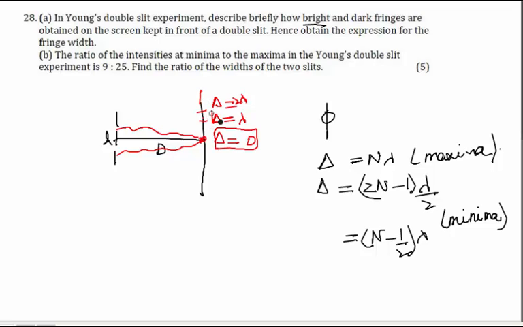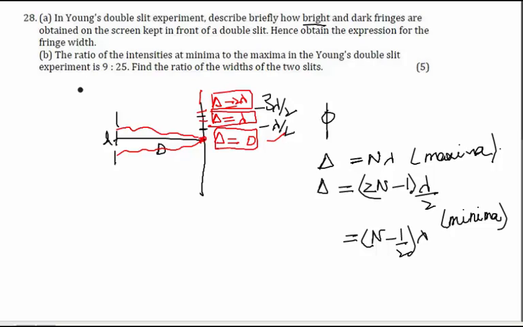This will be the central bright fringe, and this will be the first maxima above the central bright fringe, then the second maxima above it, because each is an integral multiple of n lambda. Similarly, in between each maxima we will find a minima: the first minima at lambda by 2, then 3 lambda by 2, then 5 lambda by 2, and so on. So this is how the fringe pattern forms.